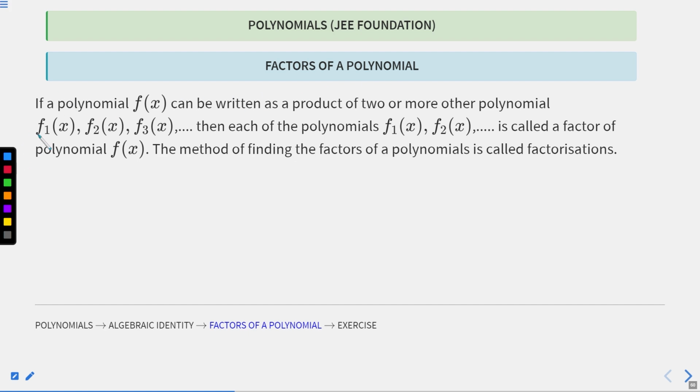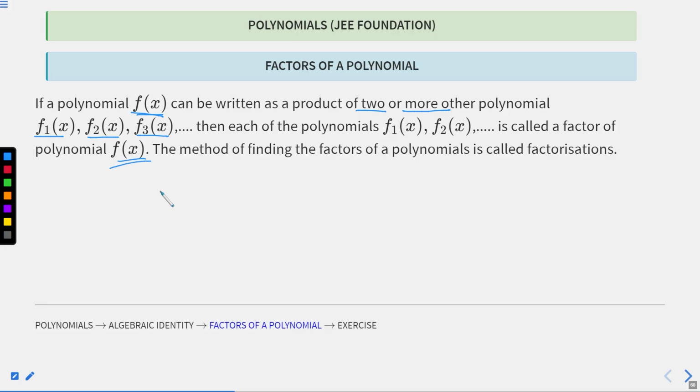So here, if a polynomial f(x) can be written as a product of two or more other polynomials such as f1, f2, f3 and so on, then each of the polynomials f1, f2 is called a factor of polynomial f(x).